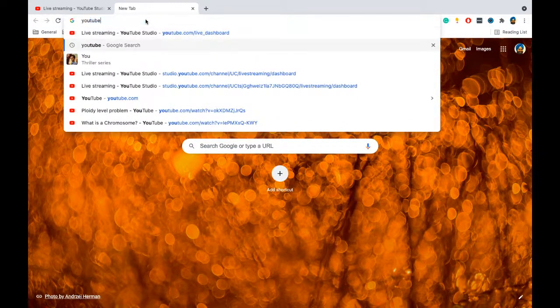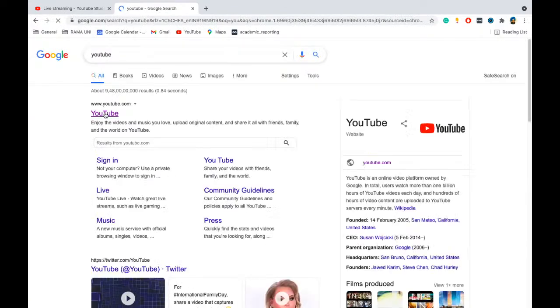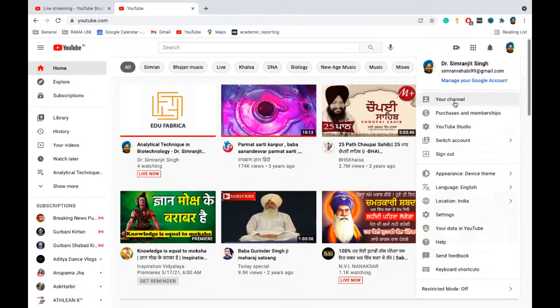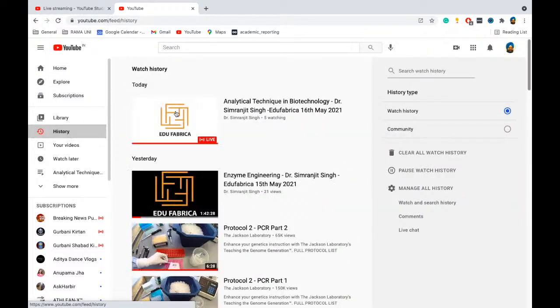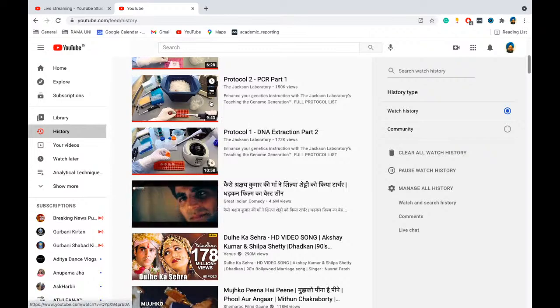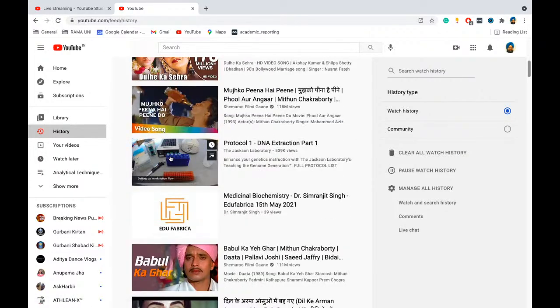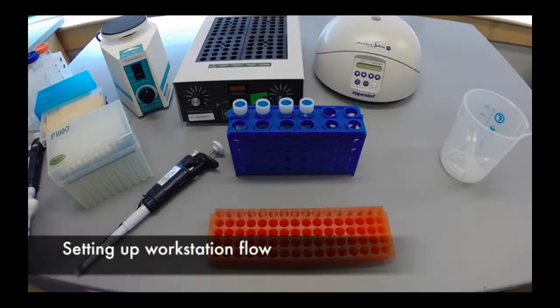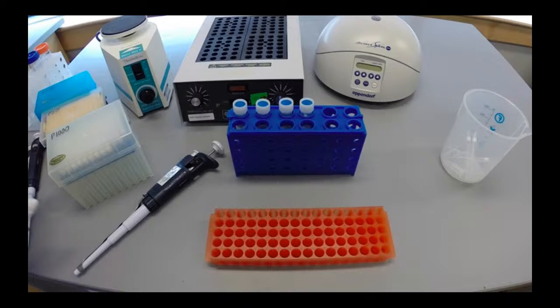In any protocol, you want to make sure that your workspace has a proper flow to avoid contamination of samples or reagents. This example is set up for a right-handed student.